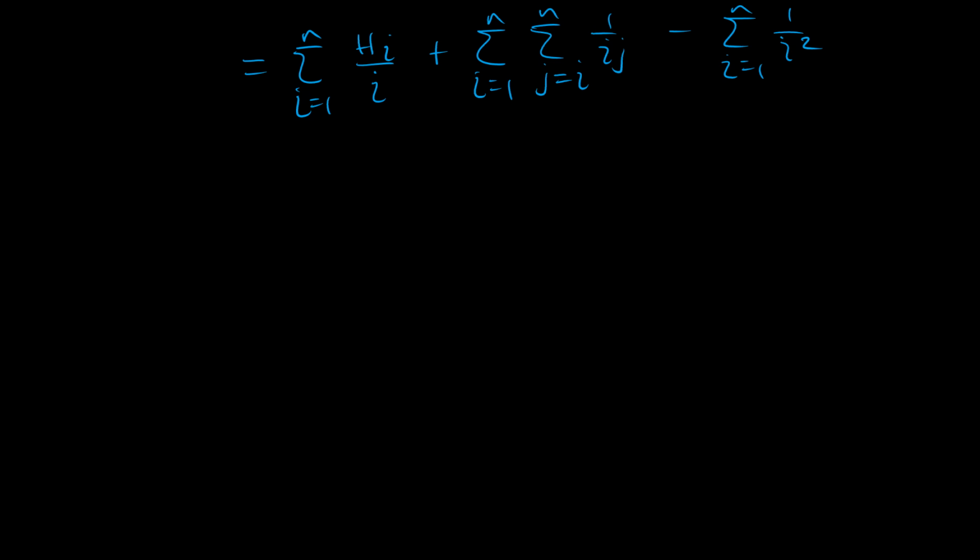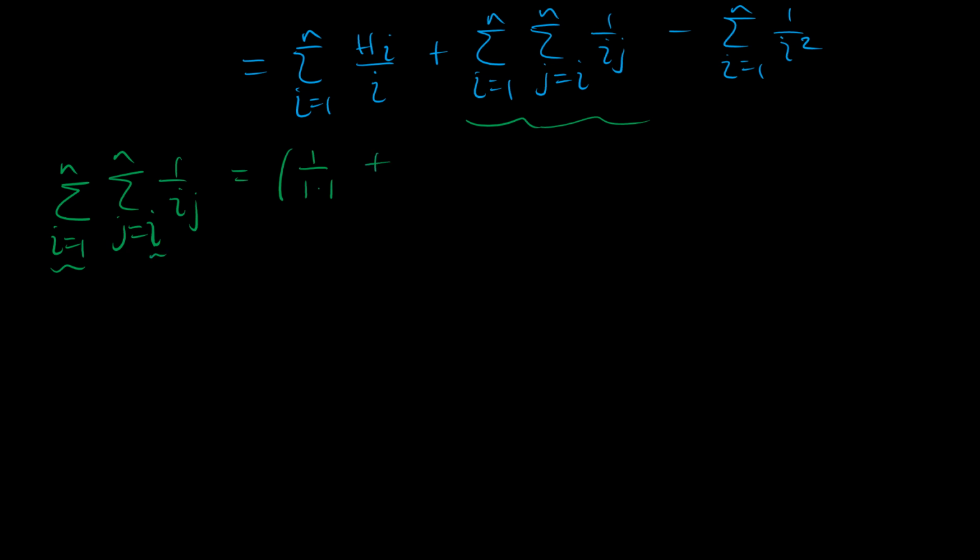Let's play around a little bit, focusing on this part here, because we'll see that this summation from i equals 1 to n, summation from j equals i to n of 1 over ij is just the same as when i equals 1, we'll see it's 1 over 1 times 1, and it begins from 1 to n.